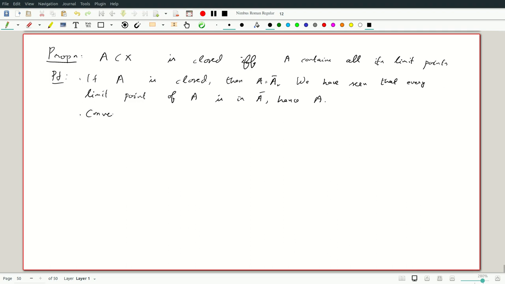Now conversely, what do we know? If A contains all its limit points, we show A equals A bar. Now, suppose x belongs to A bar minus A. So this is of course for contradiction. We'll contradict it.